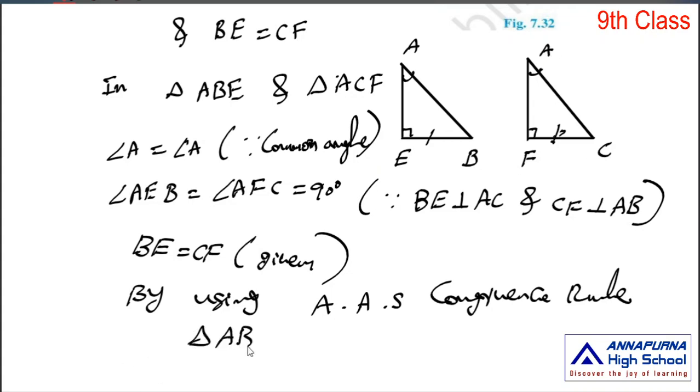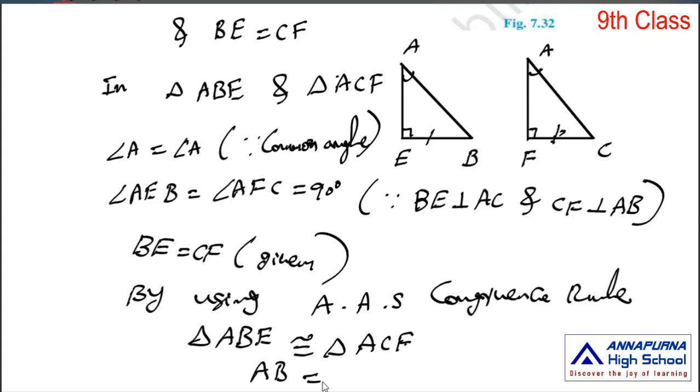Triangle ABE is congruent to triangle ACF. These two triangles are congruent, so the corresponding parts are equal. So the corresponding sides are equal, the corresponding angles are equal. So the hypotenuses are equal. These are the corresponding sides AB and AC.